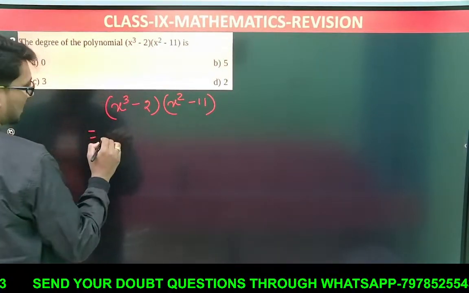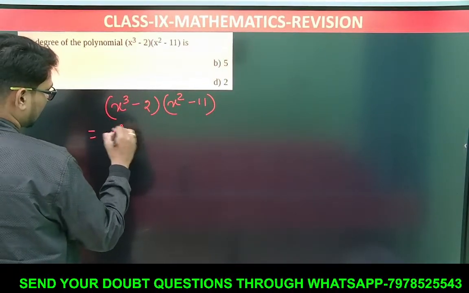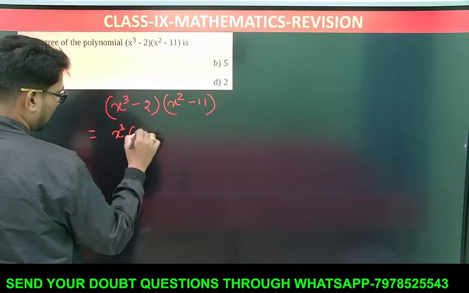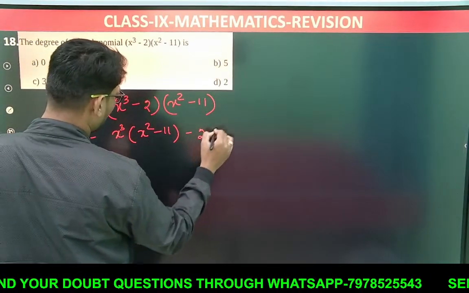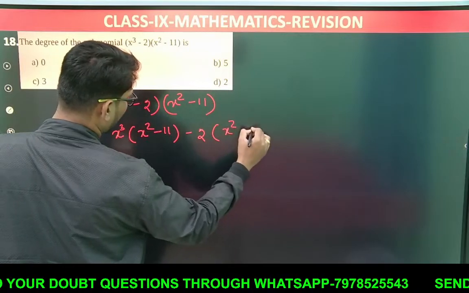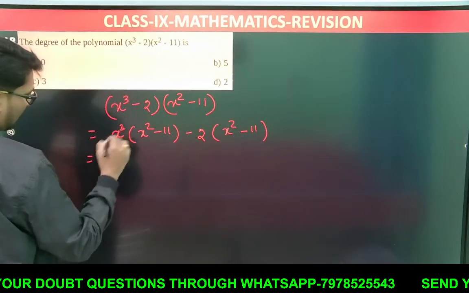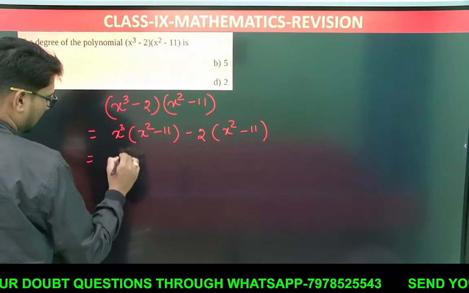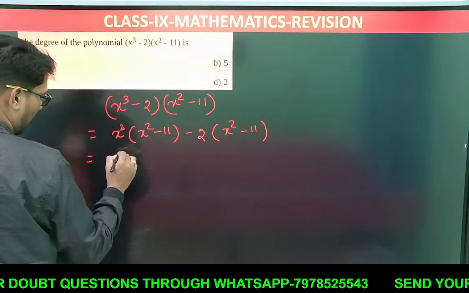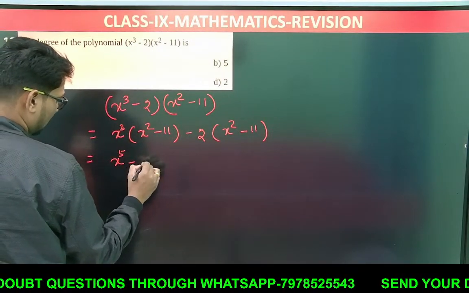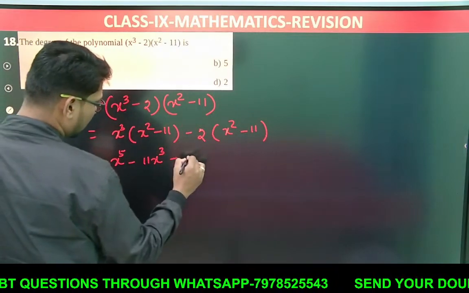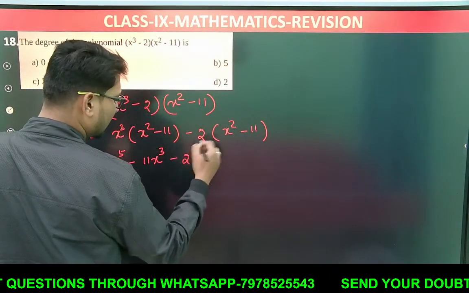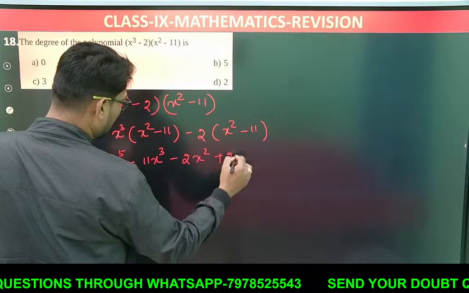It becomes x cube into x square minus 11, minus 2 into x square minus 11. x cube into x square is x to the power 5, minus 11x cube minus 2x square plus 22.